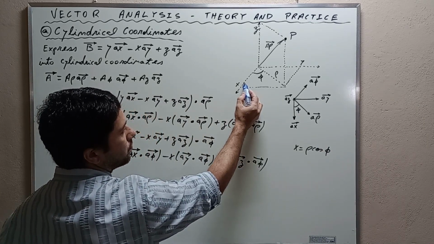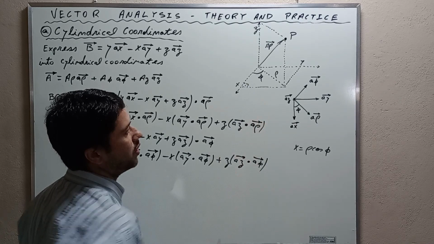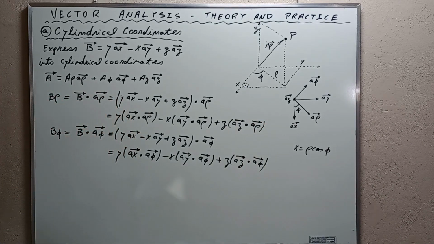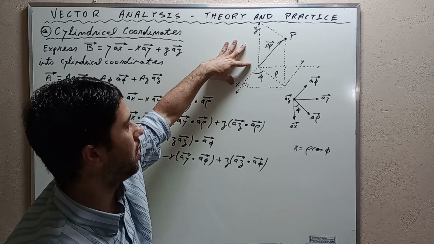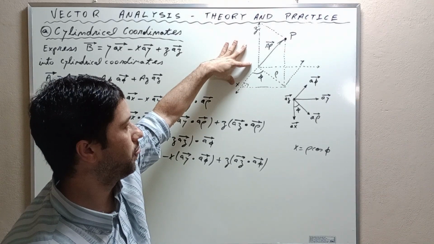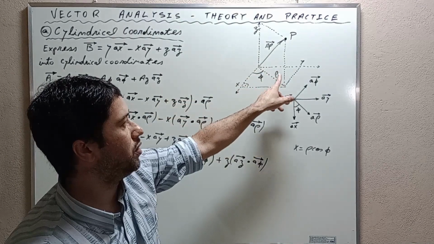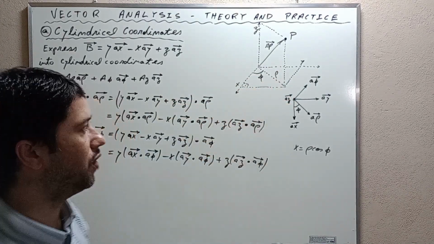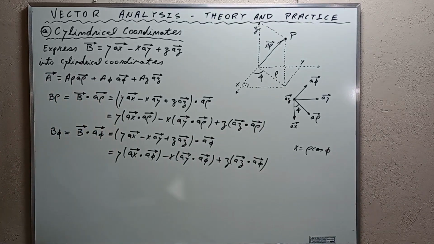This is a right triangle, and rho is the hypotenuse of this right triangle. And in this way, the x component is going to be simply the hypotenuse of the right triangle times the cosine of the angle phi.